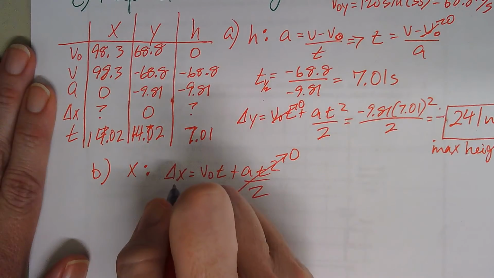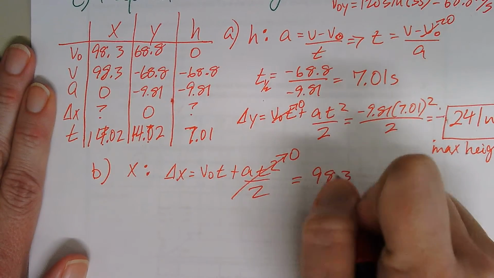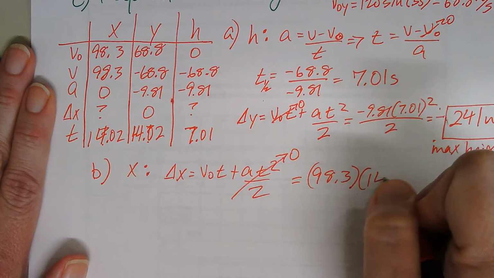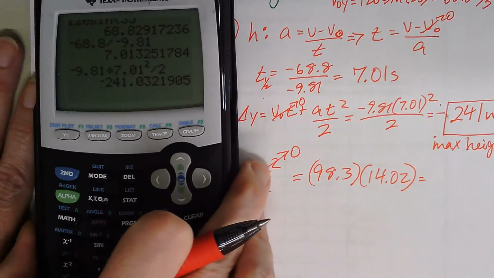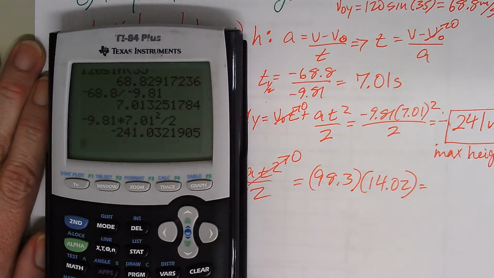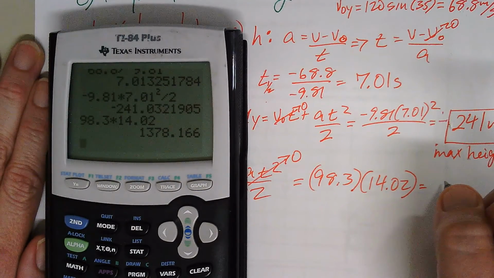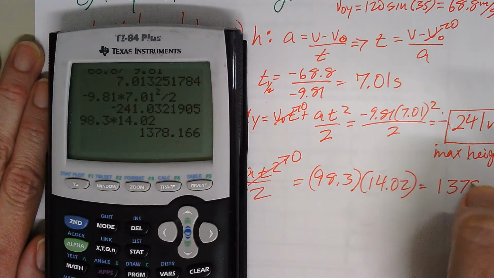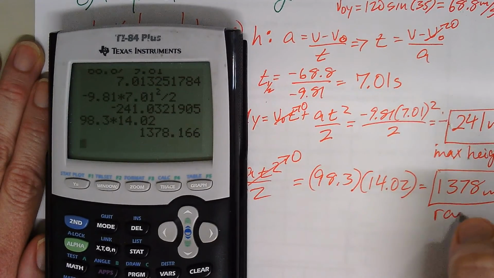So then my displacement is just V naught times time, which is 98.3 times 14.02. So I get about 1378 meters, and that is my range.